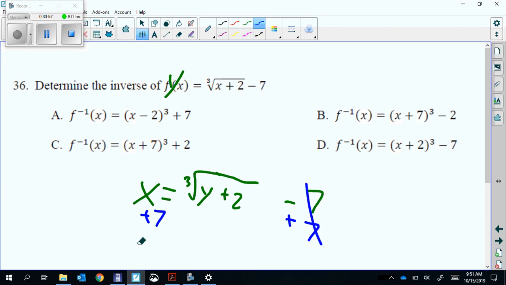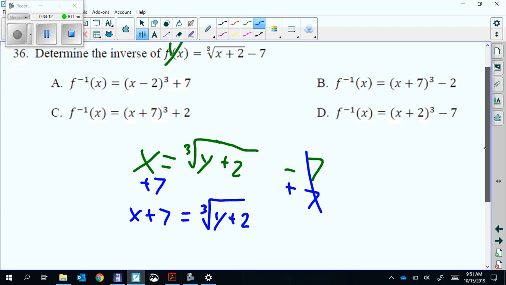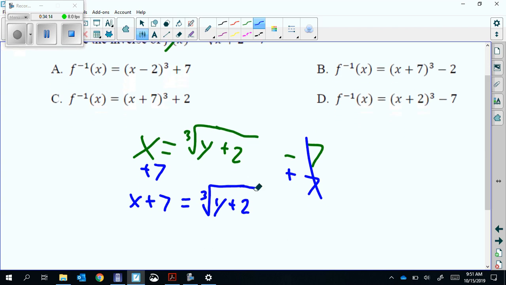X plus 7 equals the cube root of y plus 2. To get rid of a cube root, you raise to an exponent of 3. So those cancel out.